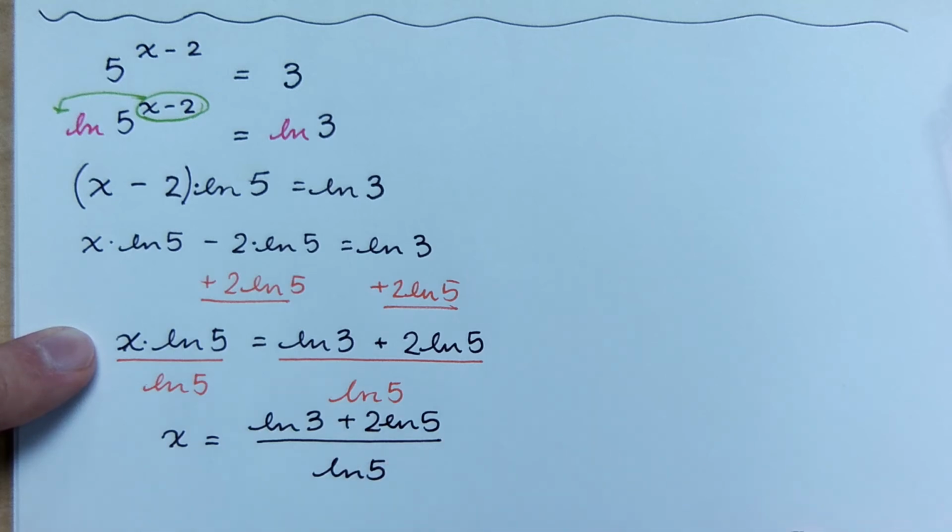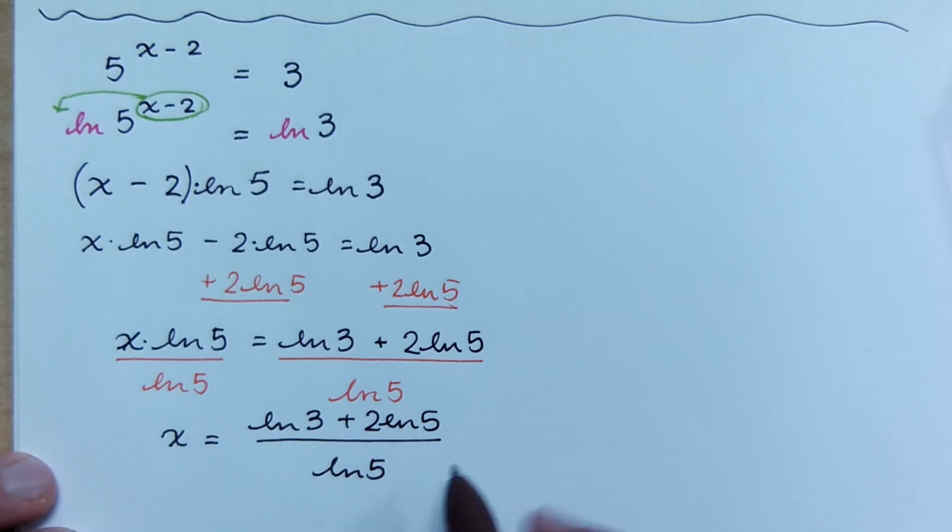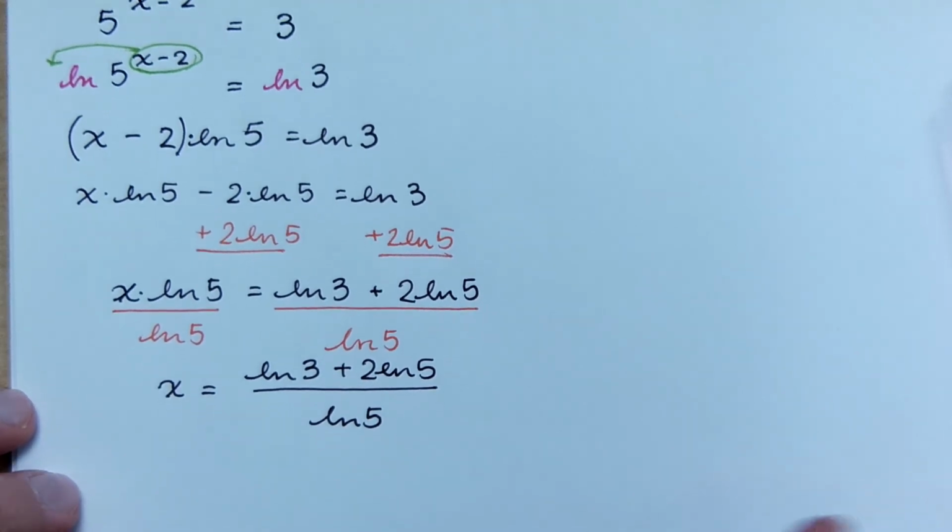Except it doesn't have to be bigger. You just want to cross these guys out? No, you can't, because natural log of 5 is not a common factor for everything up here. This is going to be exact, and we can go ahead and do our decimal approximation.